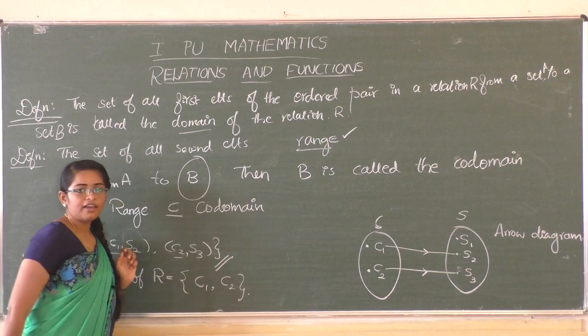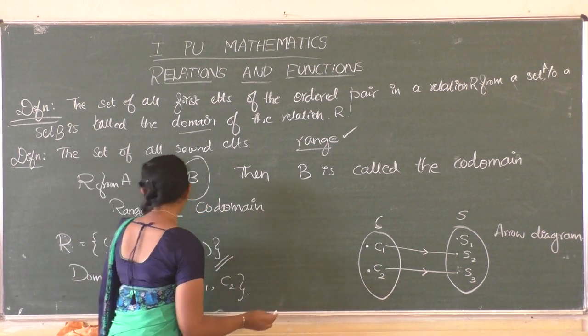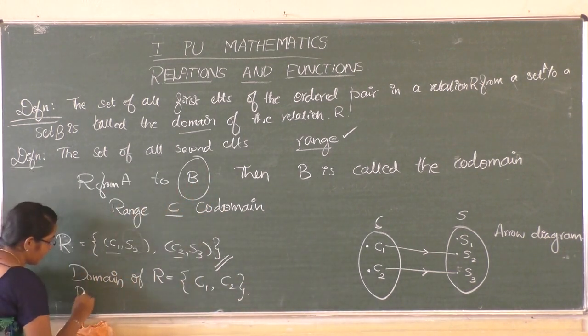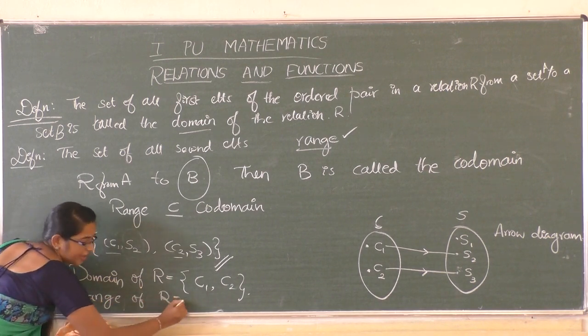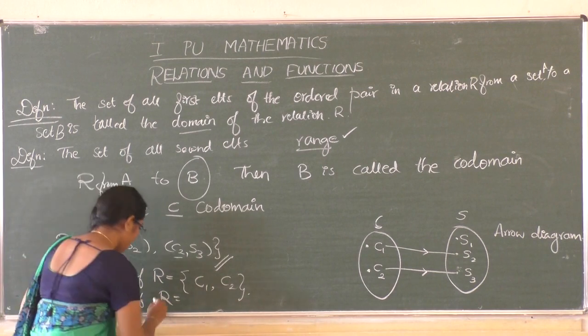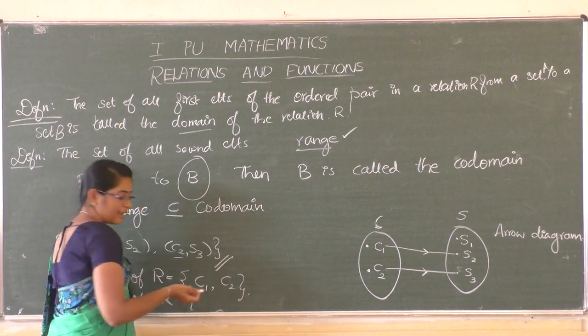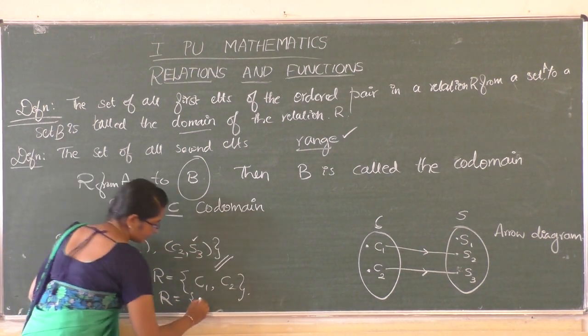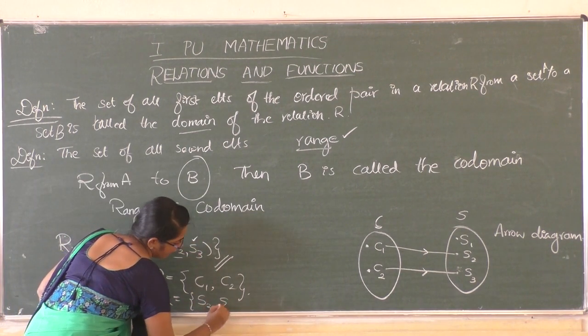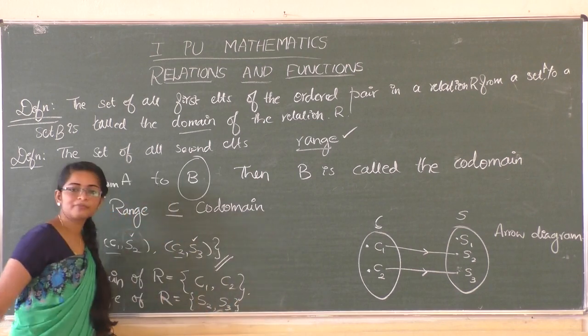Now, domain is over. Now, what is the range? Range of R is the set of all second elements, that is S2 and S3.